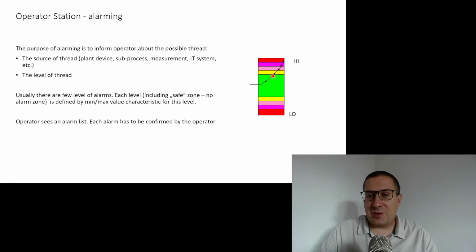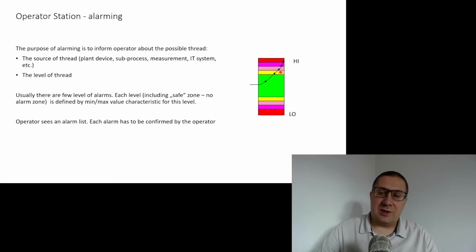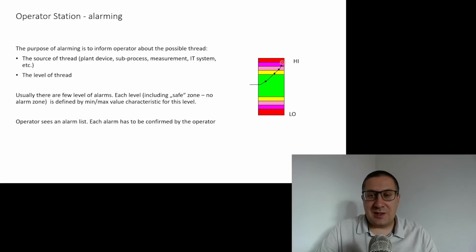If the temperature exceeds this level, we will raise the yellow alarm, the warning, to the operator. If it's higher than, I don't know, 550 centigrades, there will be a red alarm. So you should definitely do something with this, dear operator, because this is a serious threat to the process.